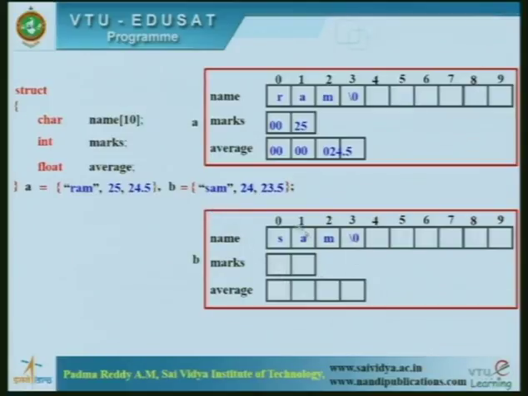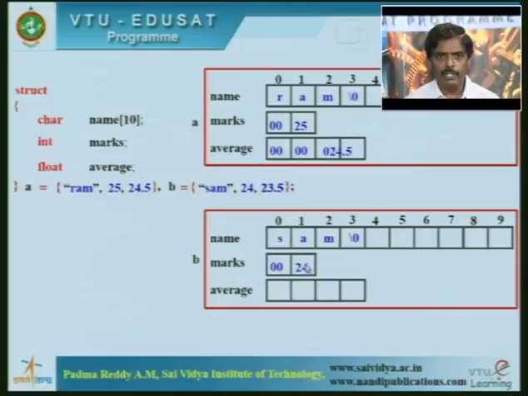Next we have 24, which is marks, that will be copied into the marks field. And next we have 23.5, which will be copied into these memory locations. Now we know how to initialize two structure variables, but remember here we have no tag, so it is a tagless structure.